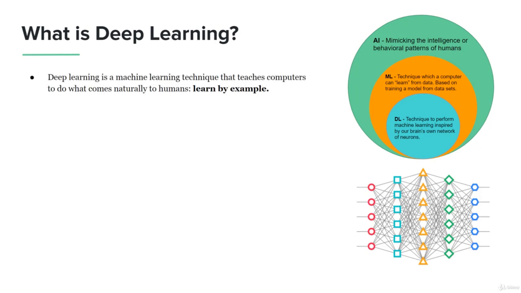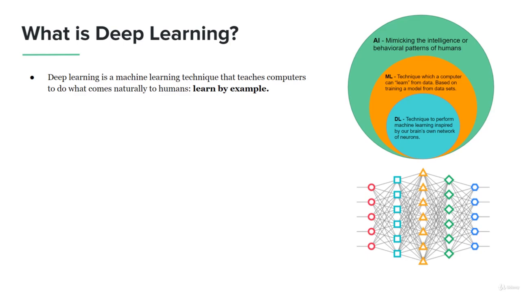Deep learning is a machine learning technique that teaches computers to do what comes naturally to humans: learn by example. If we look at the right-hand side here, we can see that deep learning is essentially a part of the artificial intelligence hierarchy. You have AI, which is mimicking the intelligence of behavioral patterns of humans, and then machine learning, a technique where a computer can learn from data based on a training model from data sets, where we're inputting structured data so that the machine learning algorithm can learn from the particular data set.